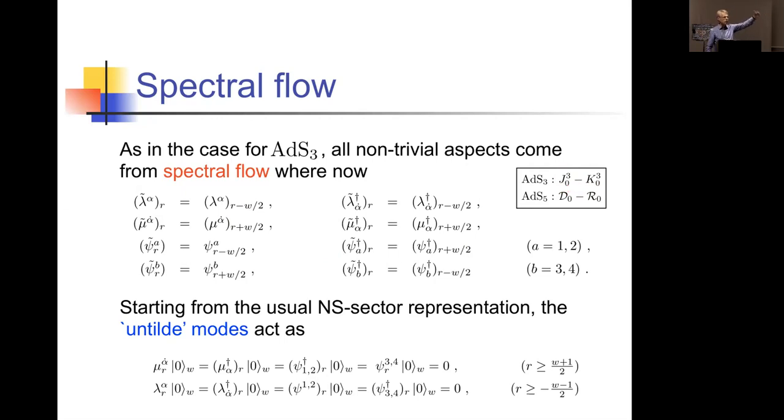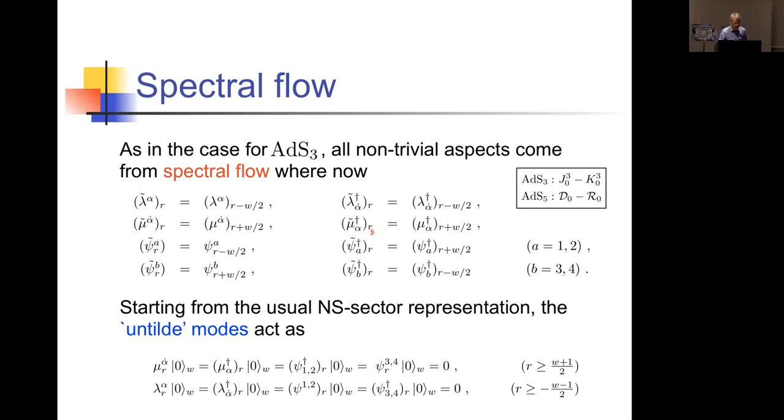That's the SL2 Möbius group of the dual CFT, and K_0^3 is the Cartan generator of the SU2. Now, the generalization to AdS5 is that you should replace the conformal dimension by the dilatation operator of N=4, and this Cartan generator of SU2 with a certain Cartan generator of SU4. So that's our proposal for what spectral flow should be.